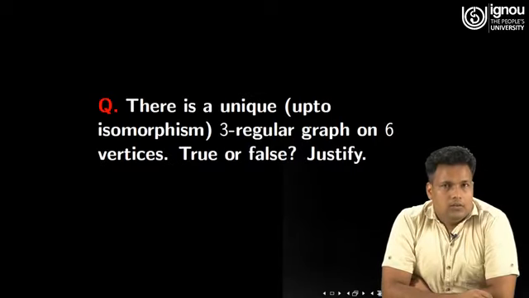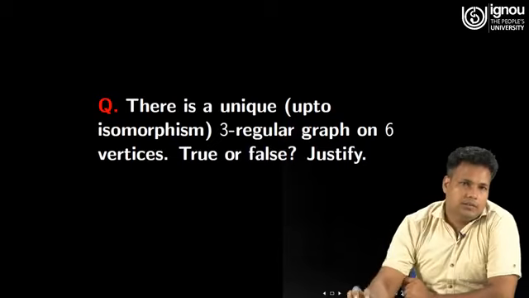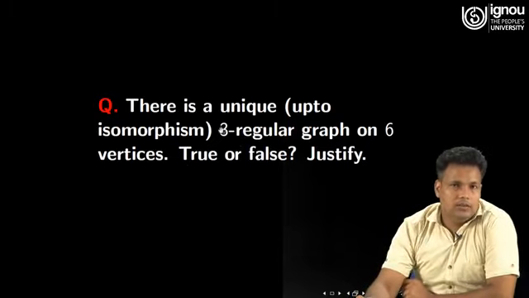Now there is another question. There is a unique, up to isomorphism, 3-regular graph on 6 vertices. You have to check whether this statement is true or false.